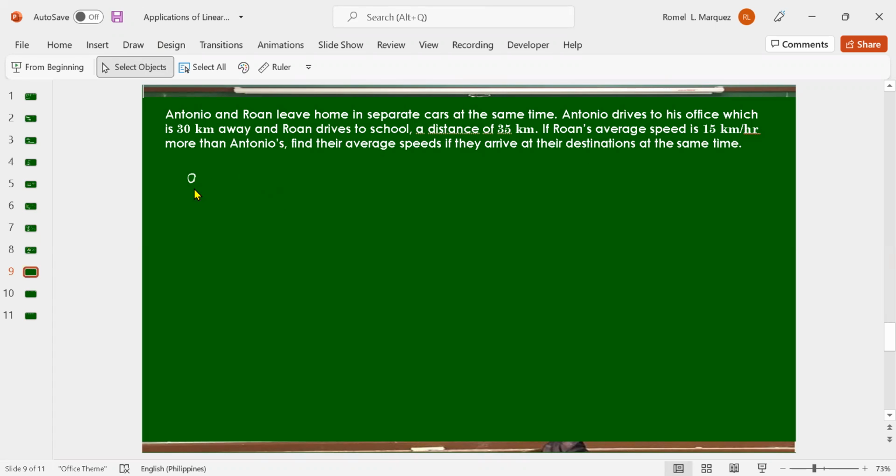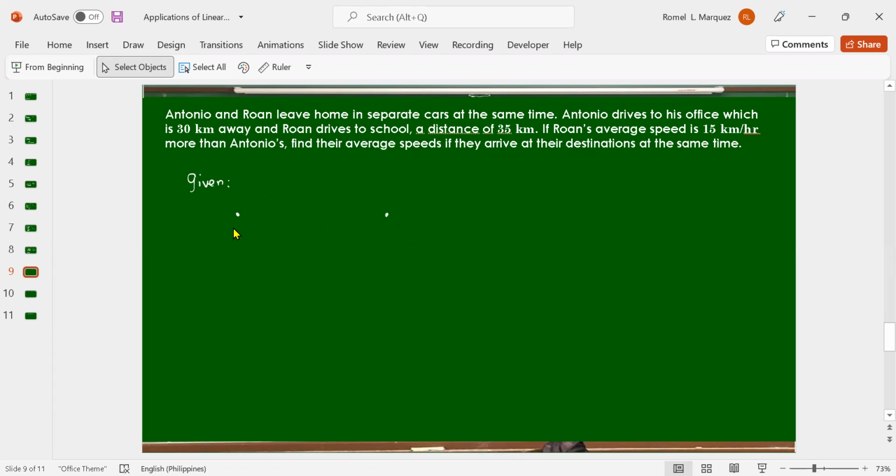Okay? Let's illustrate. So, Antonio and Roan leave home in separate cars at the same time. So, of course, magkaiba yung kanilang bahay. So, let's say, assuming lang to ha, hindi naman laging straight yan ha.